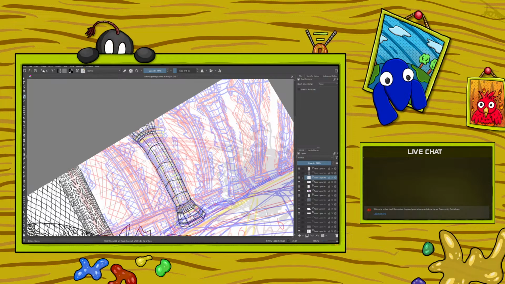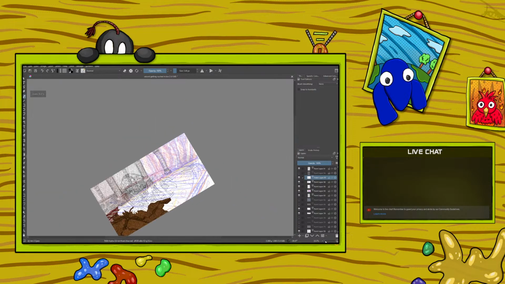No, I think we'll keep it like this then instead, because that means that that thing is still distorted.